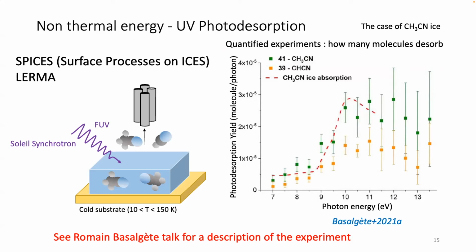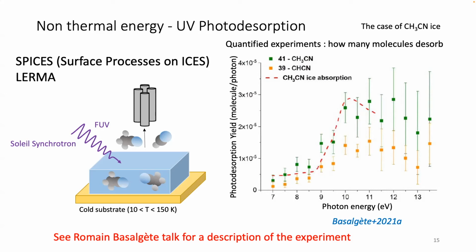And here we obtain the photodesorption yield. That's the number of molecules that desorb from the ice per incident UV photon. So you see that it's in the 10^-5 molecules per incident photon range. And we can do that as a function of the photon energy, because at SOLEIL synchrotron, you can change the incident photon energy.